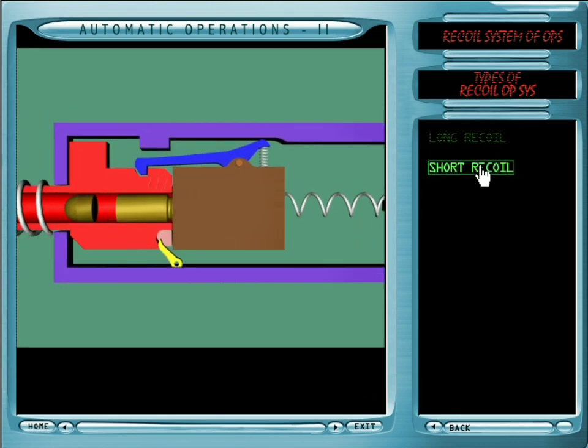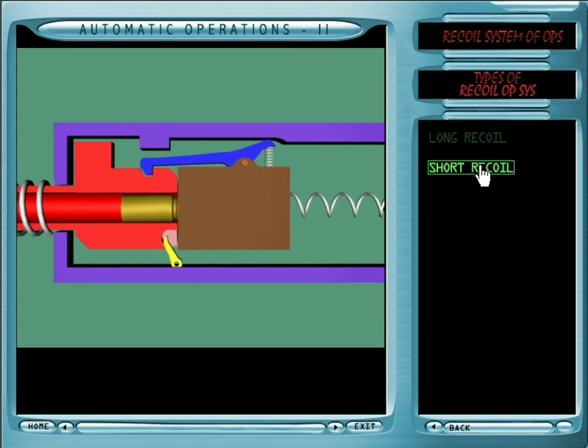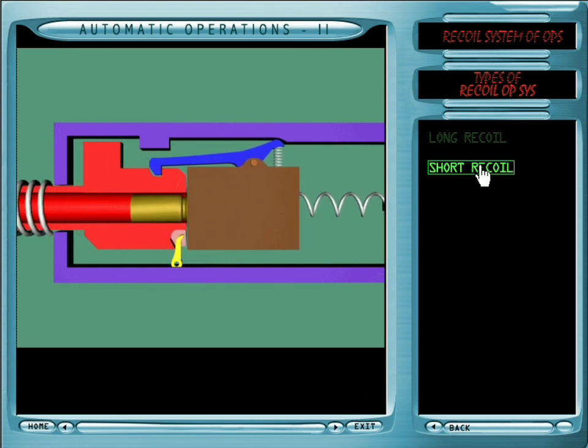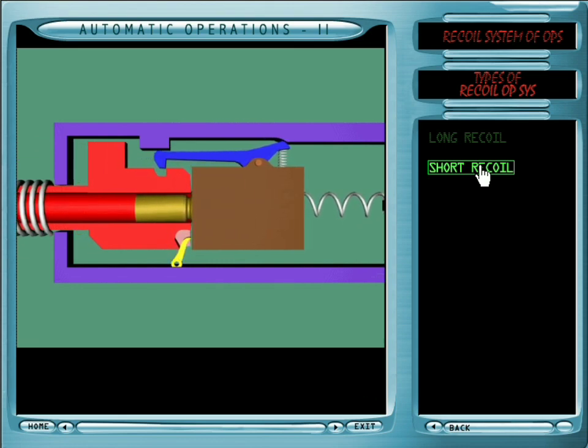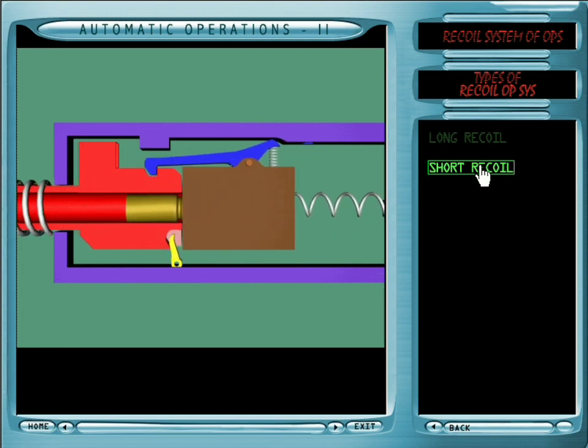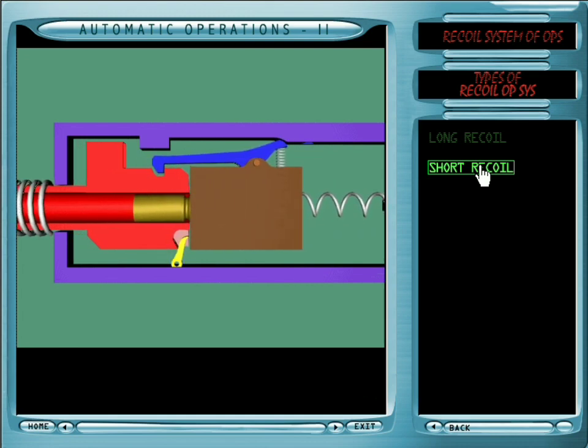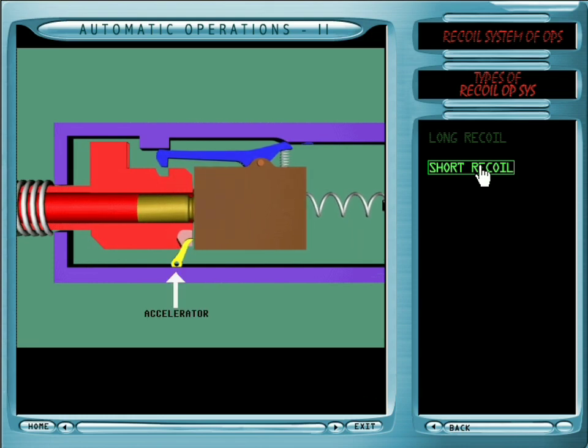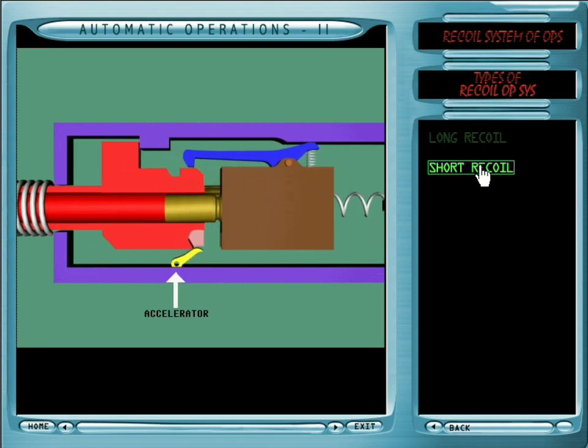Short recoil. The barrel does not travel the complete length backwards. It contacts the limiter as soon as safe pressure is achieved in the chamber. At this point, the barrel gets unlocked and moves forward with the help of its spring. The breech block continues its movement backwards. The help of an accelerator is made, which is placed in between the barrel and the breech block.